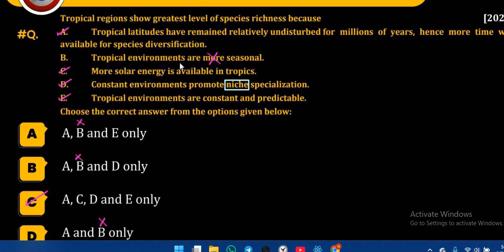B. Tropical environments are more seasonal. False. C. More solar energy is available in the tropics. True. D. Constant environment promotes niche specialization. True. E. Tropical environments are constant and predictable. True. So the correct option is C. A, C, D, E only.